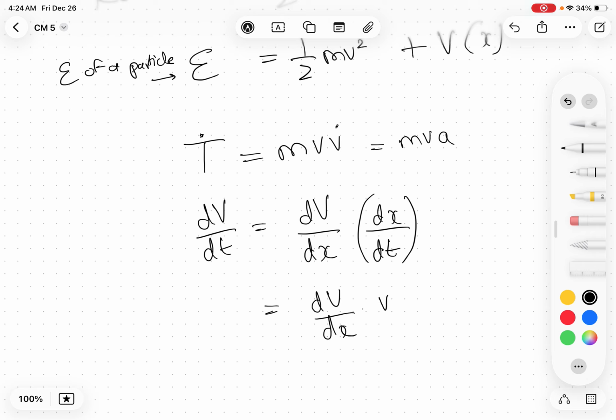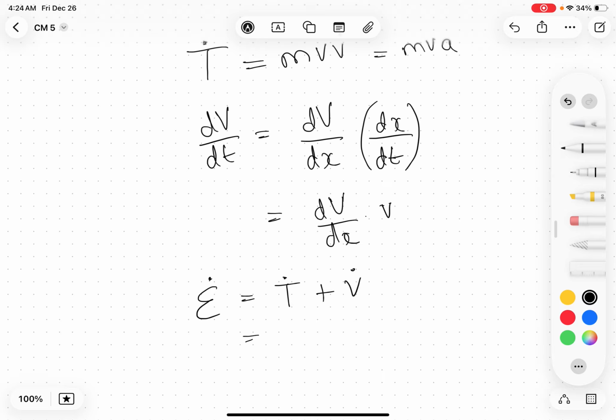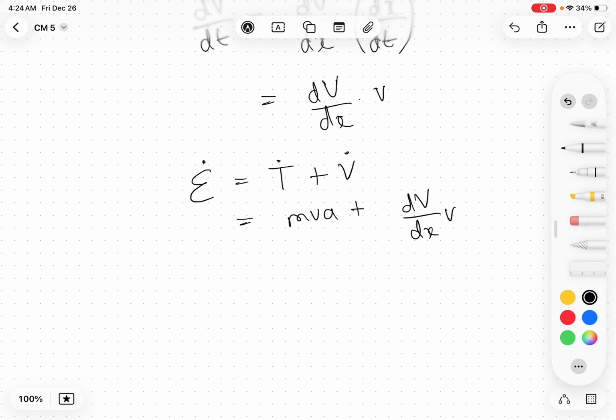Now, as we know, energy is just T plus V, right? So the rate of change of energy would be equal to the rate of change of kinetic energy plus the rate of change of potential energy, which means, as we have those equations already, that would be like this.